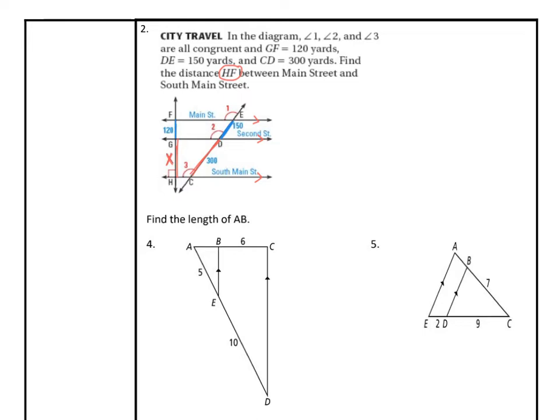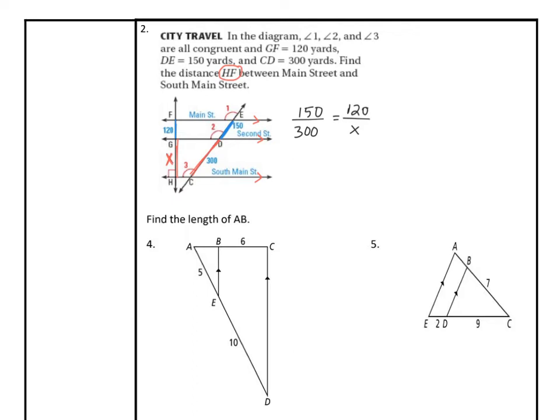So 150 over 300 equals 120 over X. So that's blue over red and then blue over red. And now cross multiply and solve. You can pause the video and do that yourself because we've learned that before.